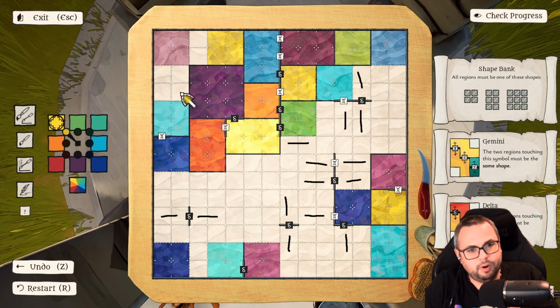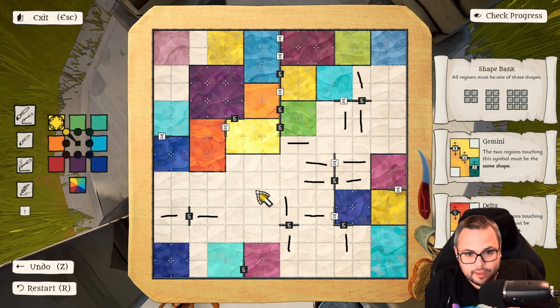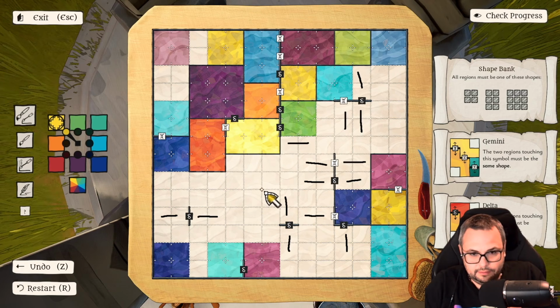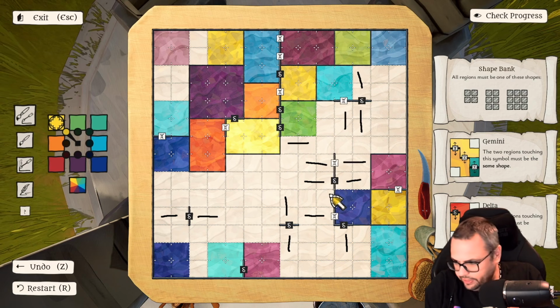Because if this were a square here, then I wouldn't ever know whether this belonged to that side or that side. Okay, this is not a 2x3, so this is either a 3x3 or a 2x2. Don't know which yet.